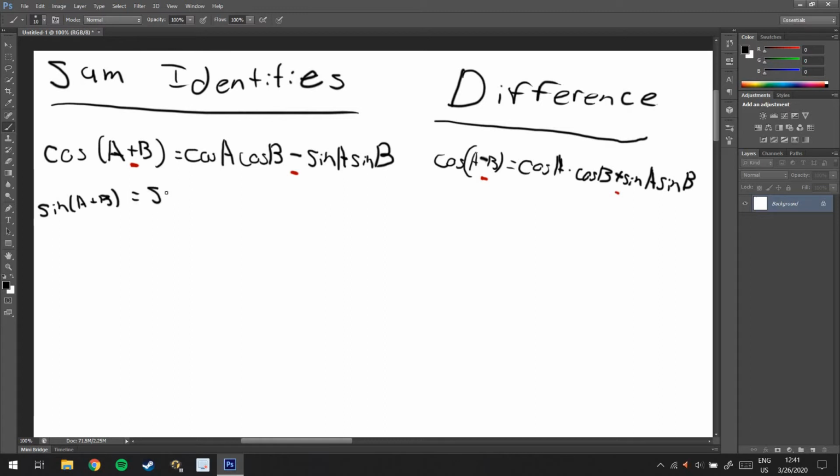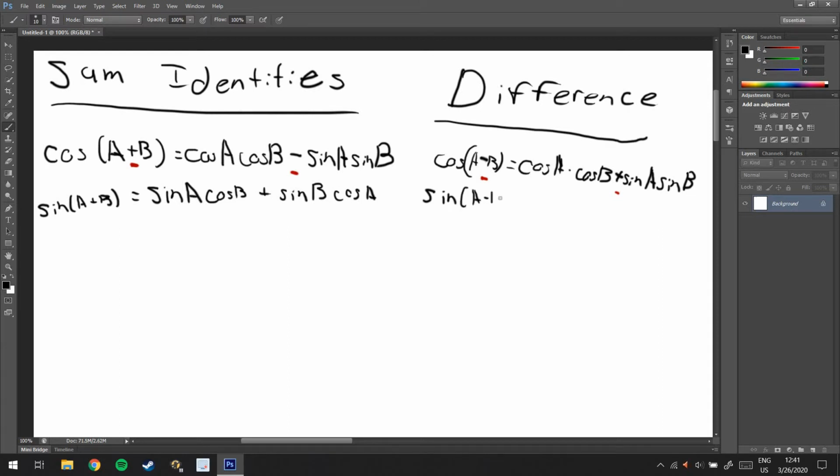Over here, we get sine of A plus B is equal to sine A times cosine of B plus sine B cosine of A.